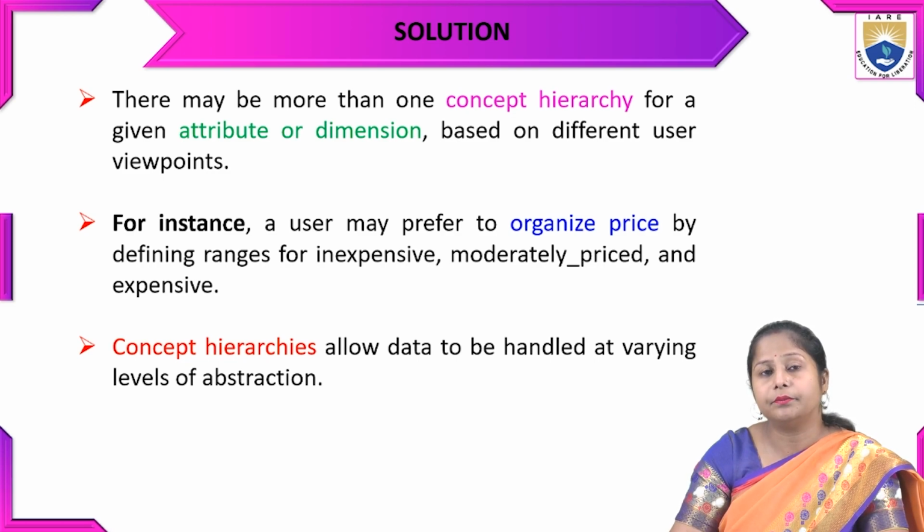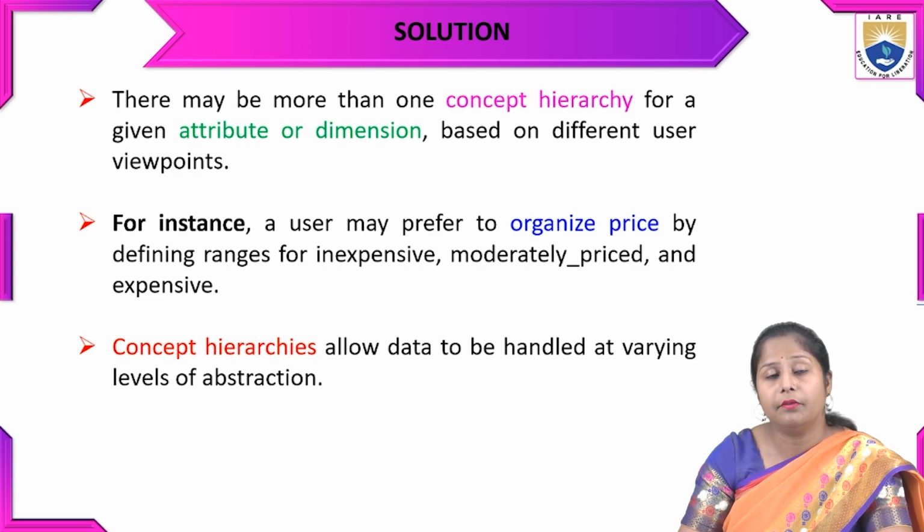If I view this structure in this form, some other person can have another view of that same structure. It depends on person to person viewpoints, so the concept hierarchy can be more than one.